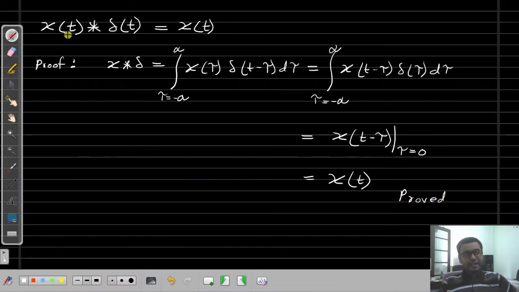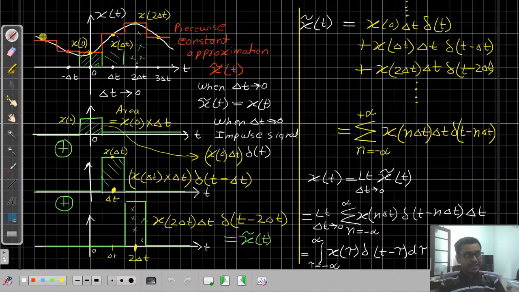However, there is a very nice visualization of this fact. For that, we have to go back a bit. Recall that we said a few days back that any signal can be chopped into narrow slices, and then that can be written as the sum of these individual slices, and when these slices are very narrow, they behave like impulse signals.